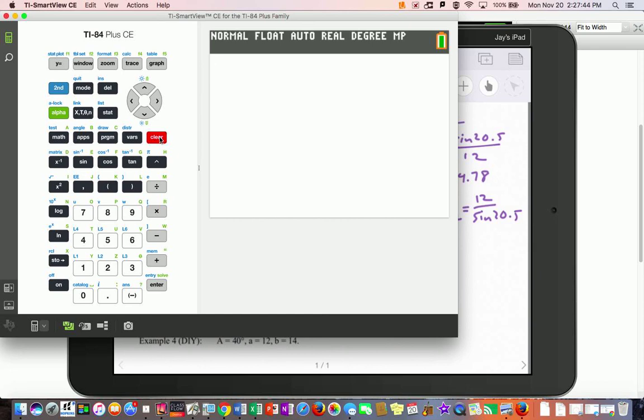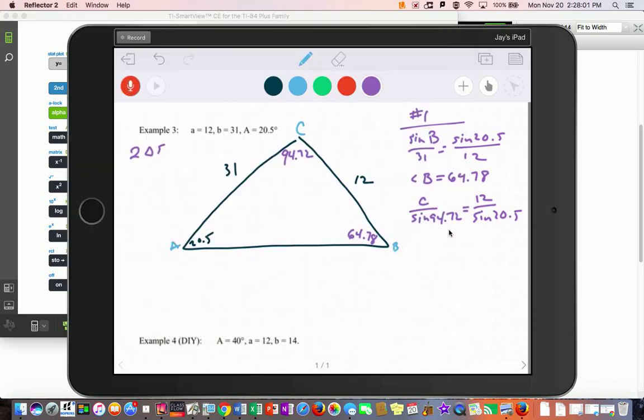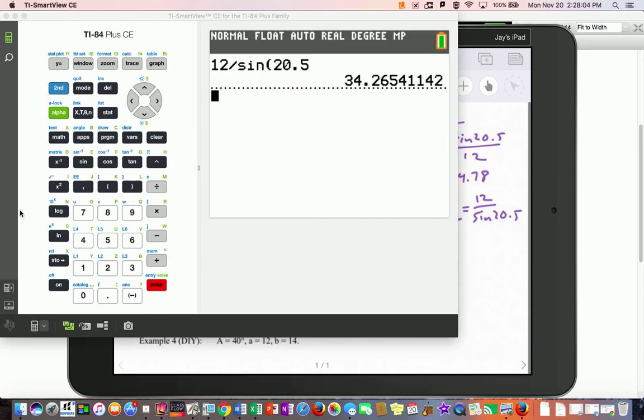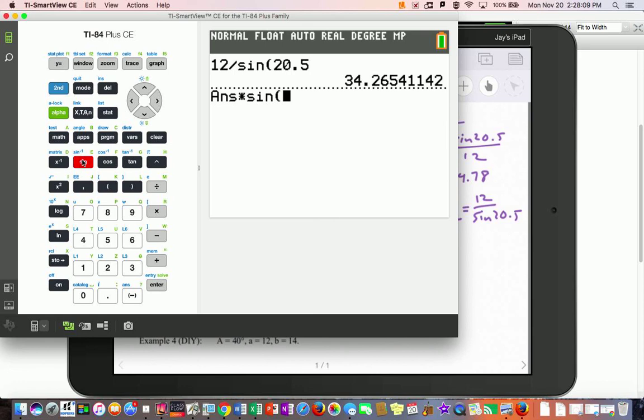We're doing 12 divided by the sine of 20.5. Now we're multiplying by the bottom here. Multiply by the sine of 94.72. I'm getting about 34.15.